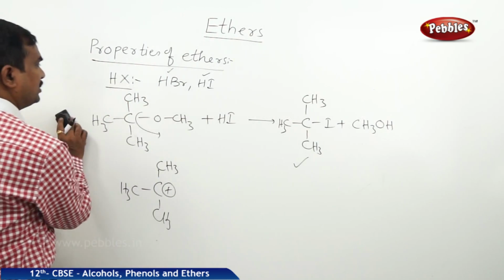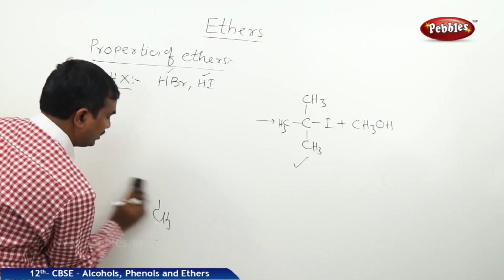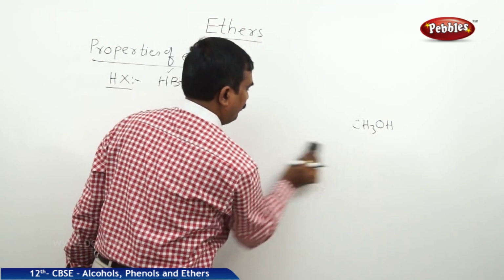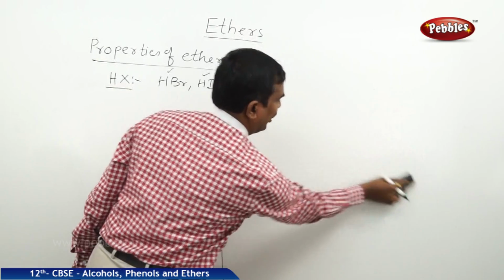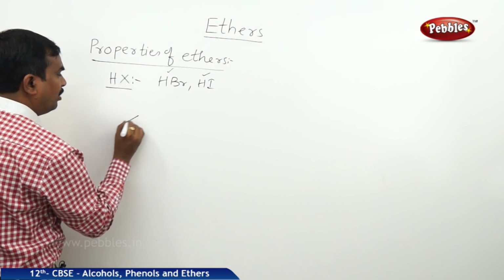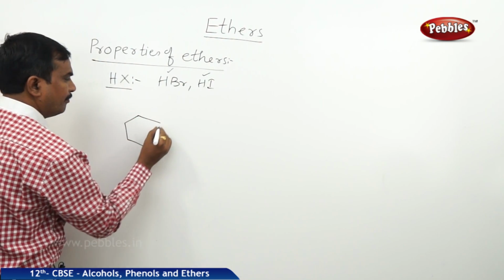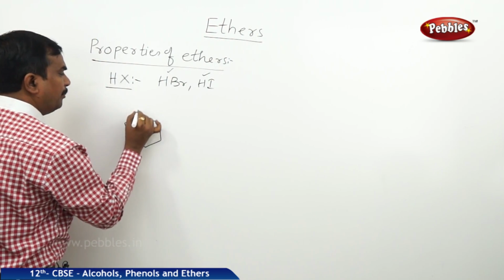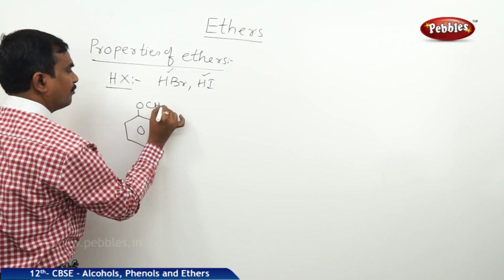And apart from that, you take the similar kind of reaction with ether which is having the aromatic ring. You take for example anisole. Anisole is methoxybenzene.